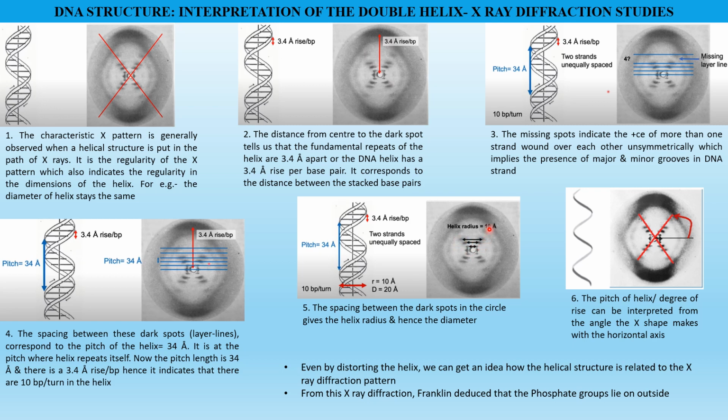Because you see, this cross indicates what? Each turn. So each turn can be assumed as a circle, and these dark spots give a dimension of radius, and the radius is 10 angstroms. From the radius we can calculate the diameter, that is 20 angstroms.